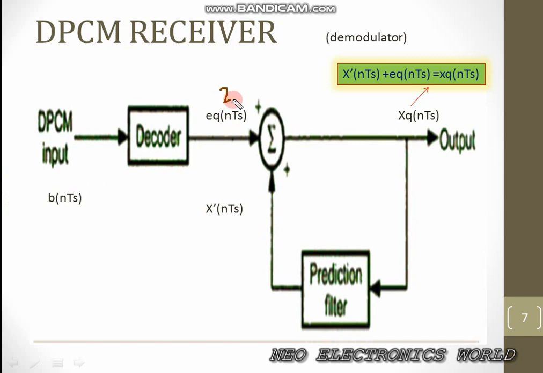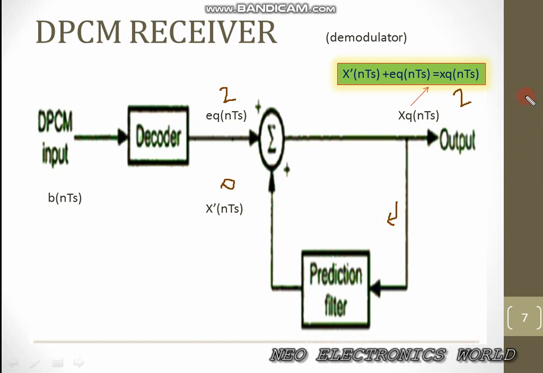X dash of NTS is 0, and 2 and this X dash of NTS together form the XQ of NTS. What is that? XQ of NTS is equal to 2 plus 0, that's equal to 2. You will get the output as 2. This will be going back to the prediction filter.